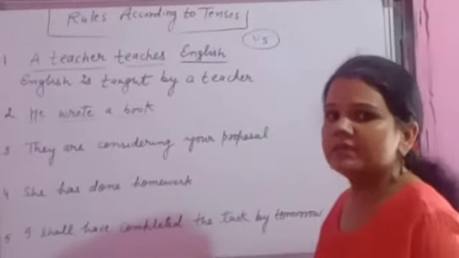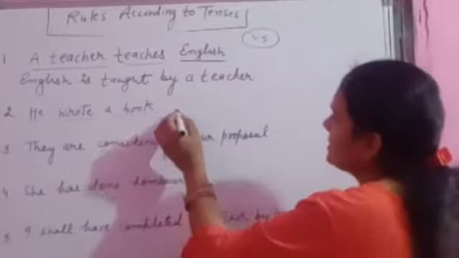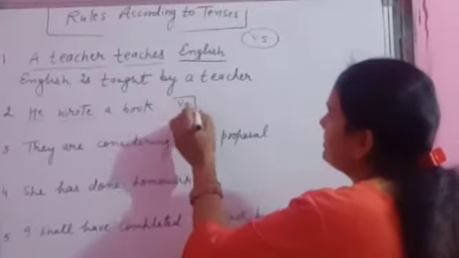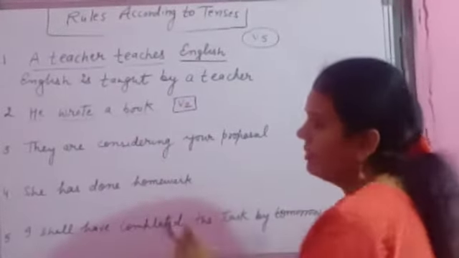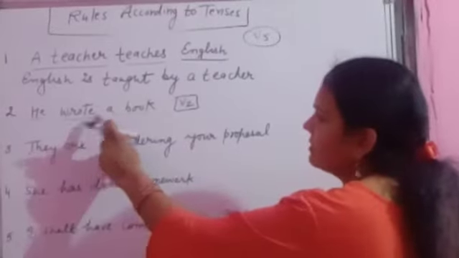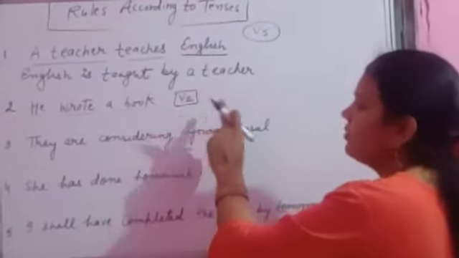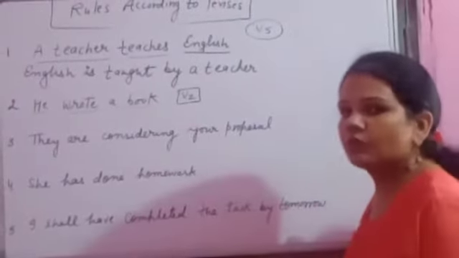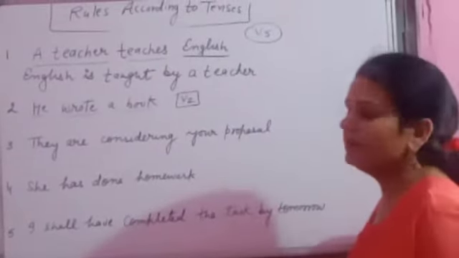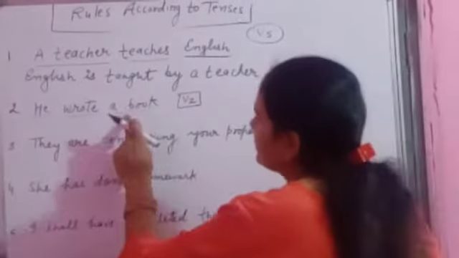Clear? Past indefinite. And in past indefinite, what is the identification? Second form of the verb you can see in the sentence. Clear? And when you change this sentence from active to passive, you always use was and verb as a helping verb.